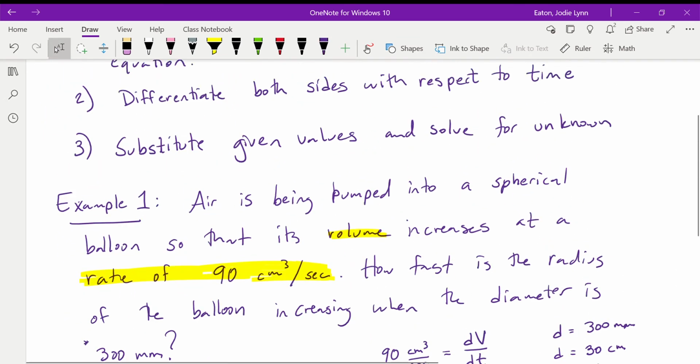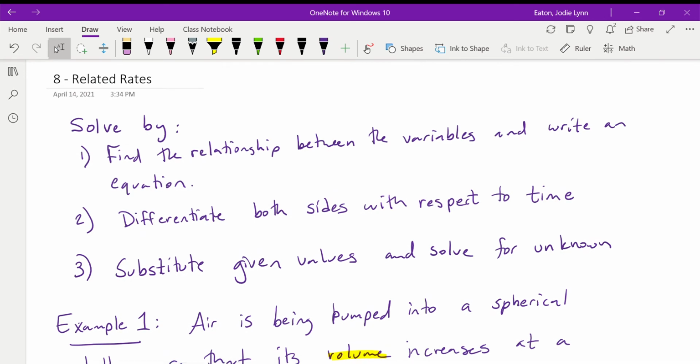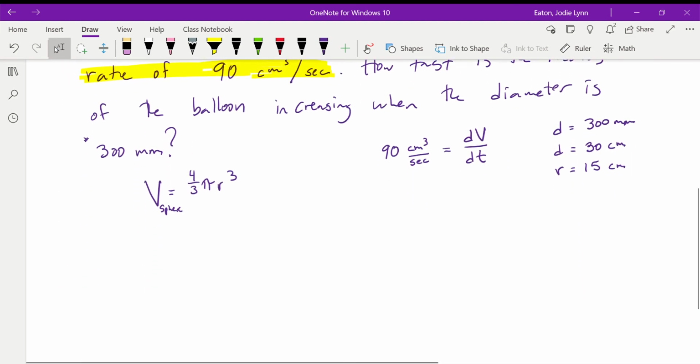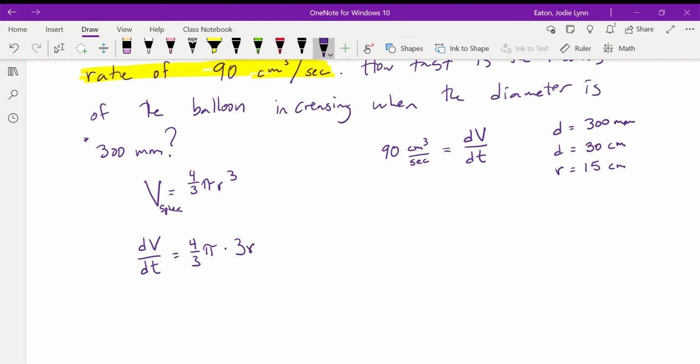Okay, so now we've got an equation relating the variables. Now we're going to differentiate both sides with respect to time. So we have dV/dt equals 4/3 pi times 3r squared dr/dt.